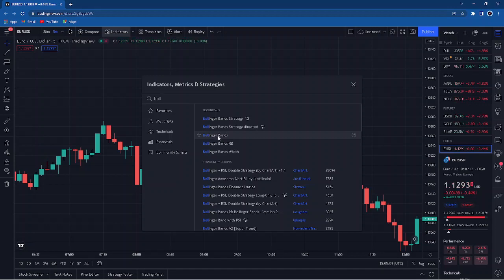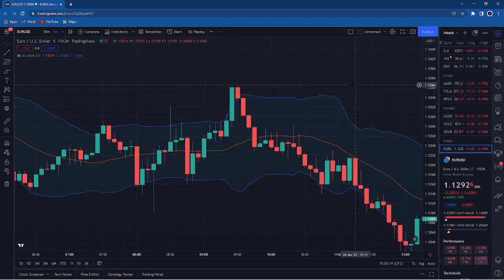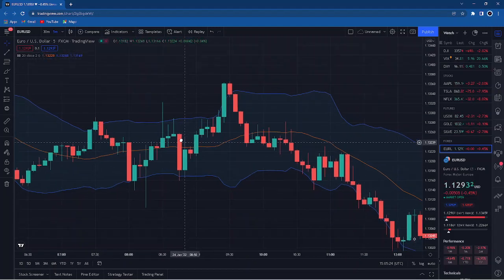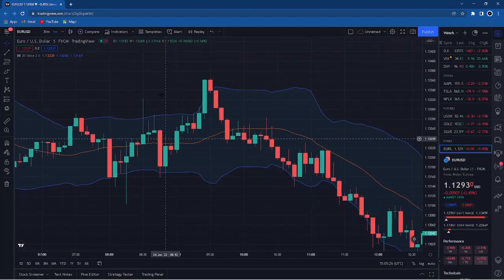You want to click on plain old Bollinger Bands, and you get that up on your screen. When something is selected, you should see it appear in the top right corner here. You see BB 20 close 0.